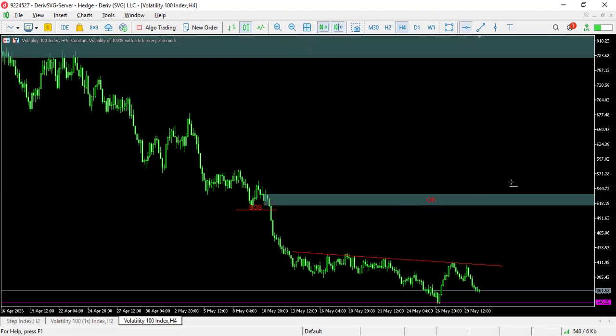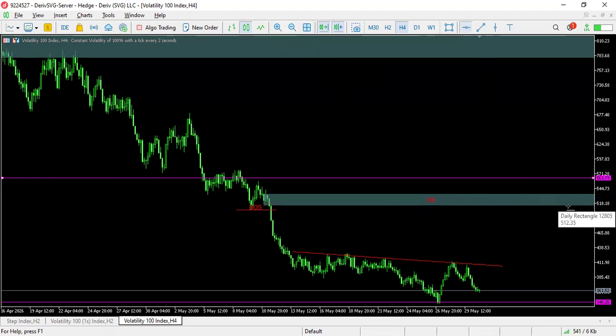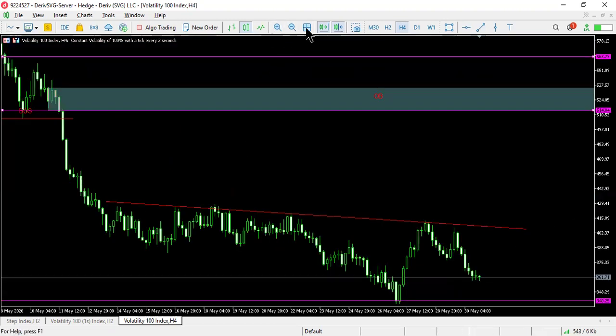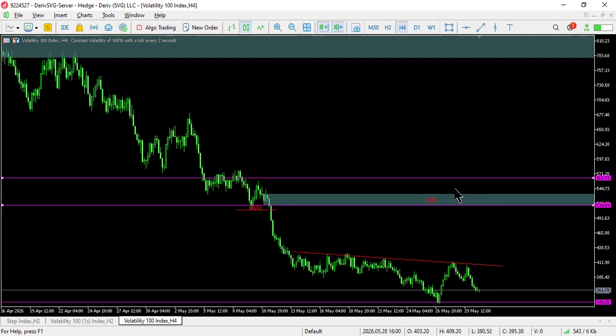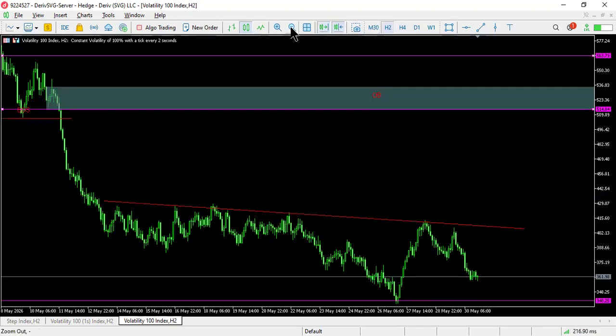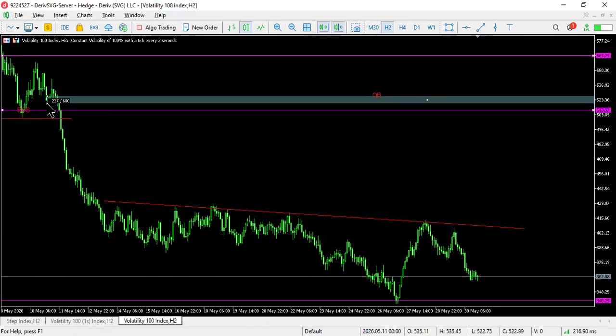Therefore, my coordinates for the sell limit: stop loss slightly above that high, entry price at the order block, and then my take profit at the swing low. So you can go ahead and place a sell limit on volatility 100. Let me adjust it to the 2-hour order block before I give out the limits.